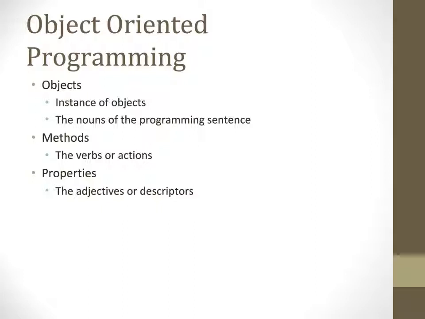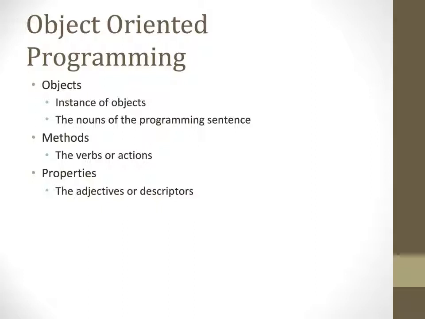When we're working with objects, the word object actually describes the built-in template that is part of the programming language. When we use those objects, we use instances of those objects. And I'll have an example of this in a minute that'll maybe make it a little bit more clear.